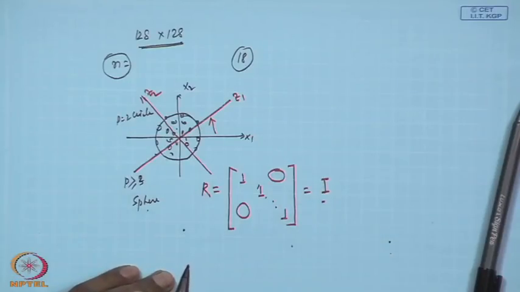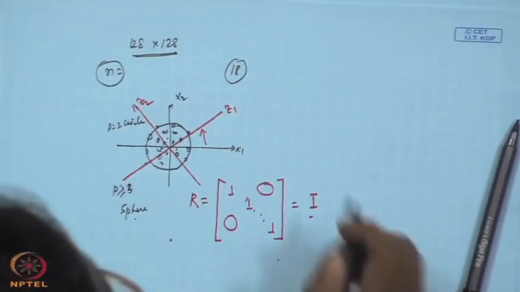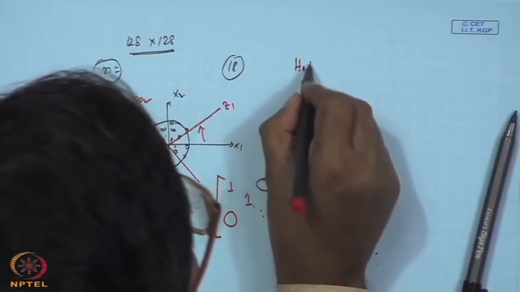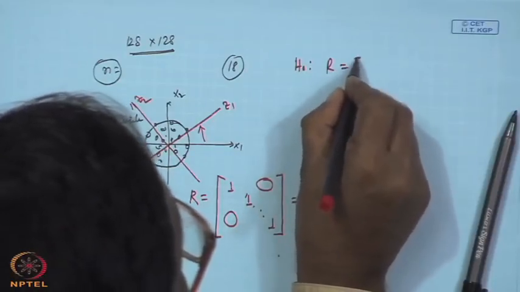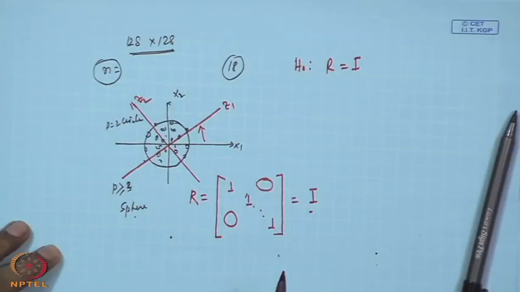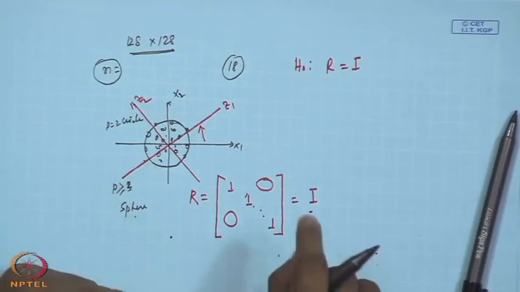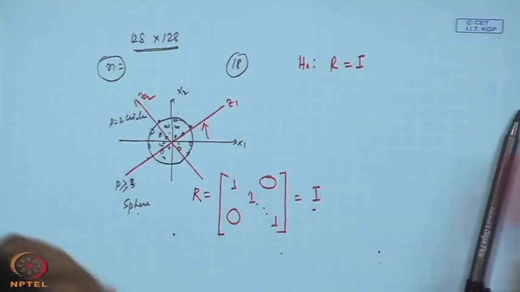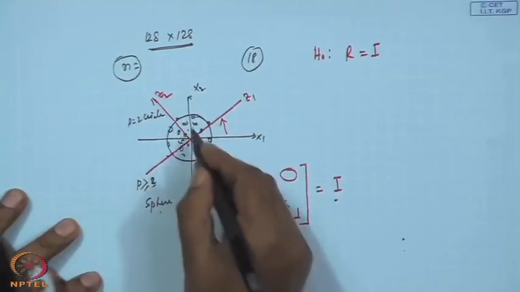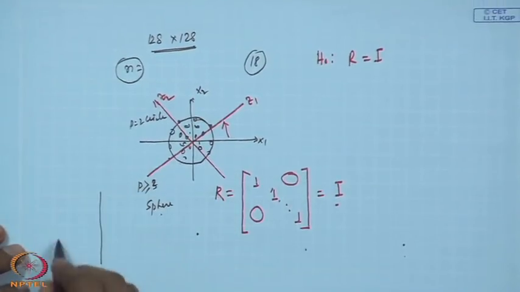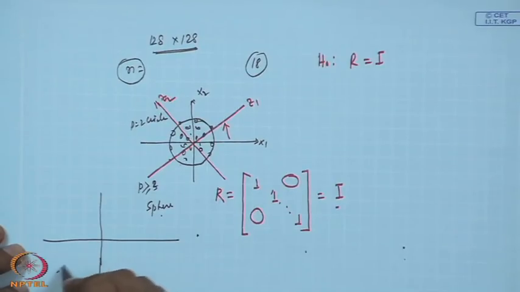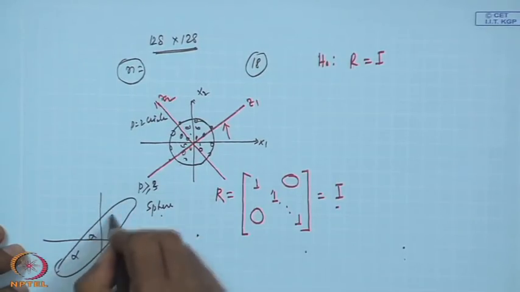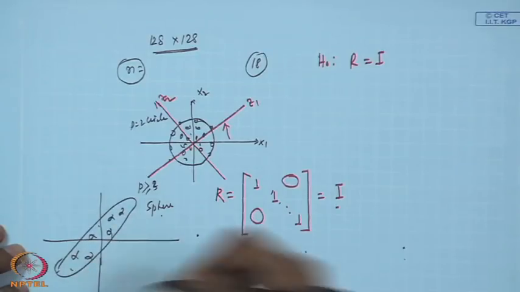In that case R will be I. So that is why Bartlett's test is like this: H0 is that R is I, that the correlation coefficient matrix is an identity matrix. Okay. Now, instead of this figure, if you get a figure like this, high correlation is there.